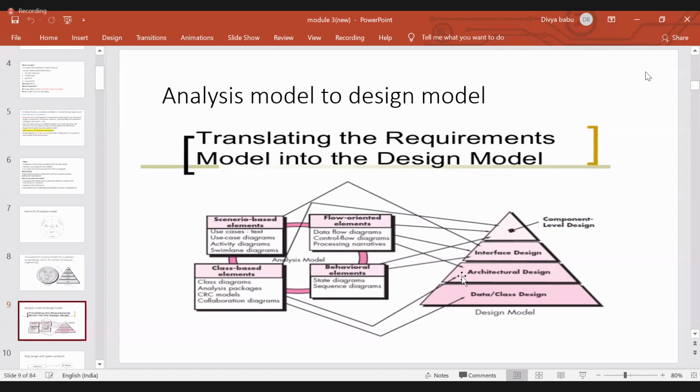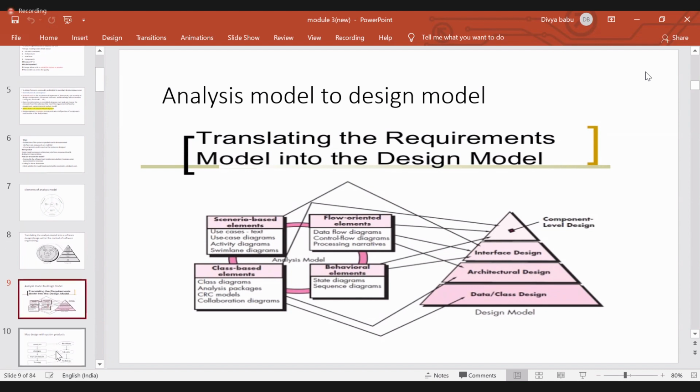For the component, interface, and architectural design, we get the input from flow-oriented elements. Scenario-based elements feed the interface design, meaning you can use the activity and use case diagrams as the input for interface design. So you should remember this very important diagram, which shows the translation from the analysis to the design phase.